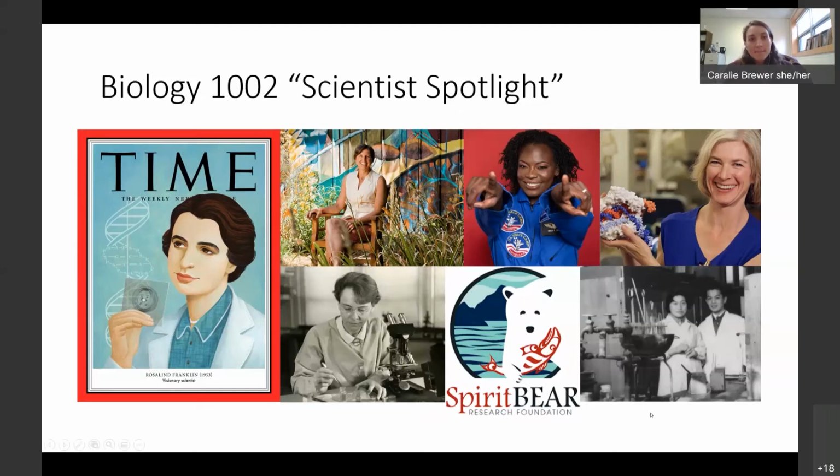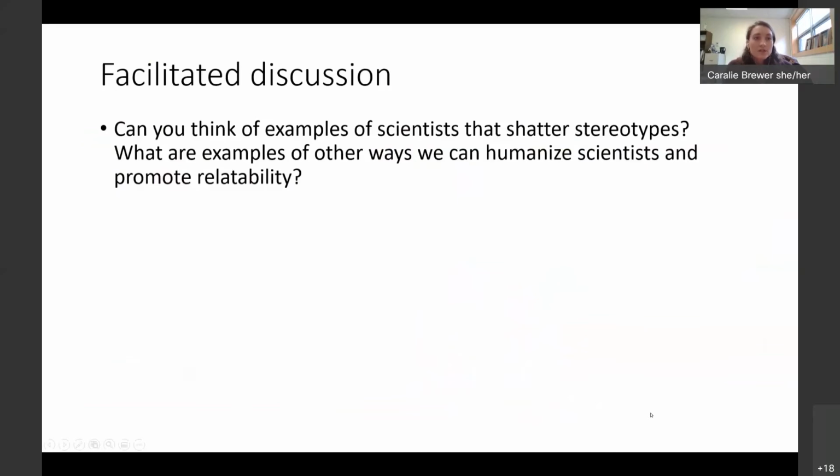Next slide. So with that, do any of you have examples of scientists that kind of shatter these stereotypes, or can you think of other ways that we can humanize scientists and promote this relatability in our students?